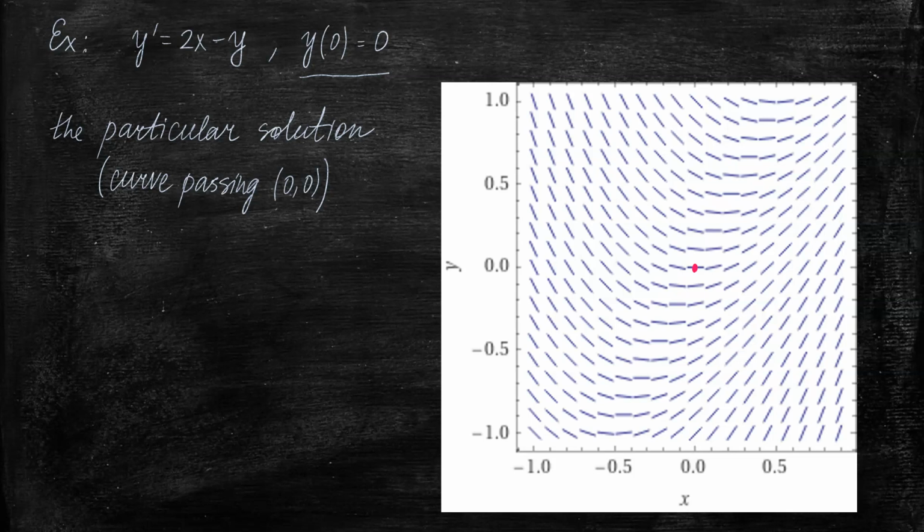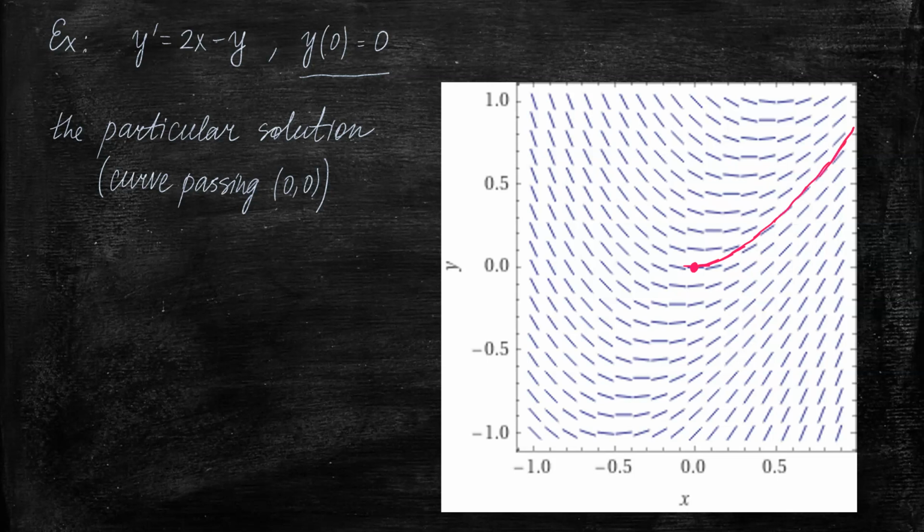And to sketch this curve, we're just going to follow the slopes in the slope field. So at 0, 0, we have a horizontal slope, so the line is pretty horizontal. But the further away you get, you see how the slope field tells us that the line actually curves. So here it curves upward, and then it curves more and more, and then it looks something like this.